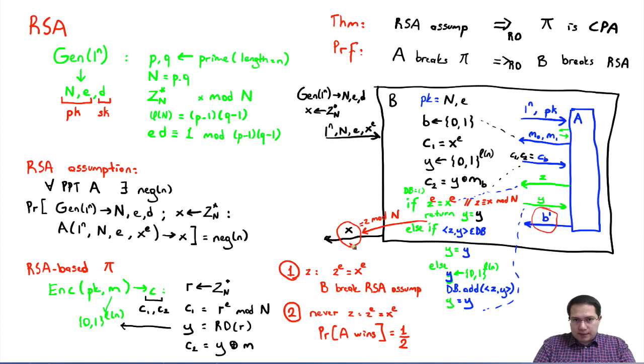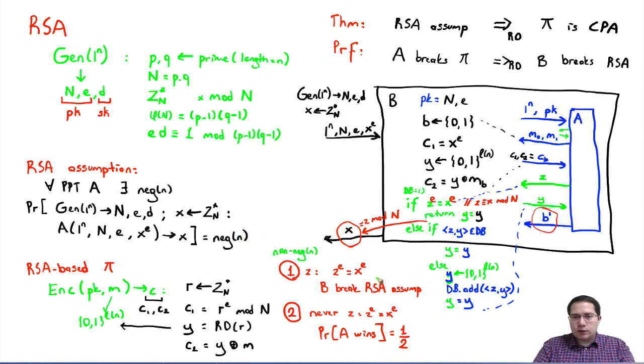Now, what does it mean? If A has non-negligible probability of getting into case 1, then B will have non-negligible probability of returning the correct x.